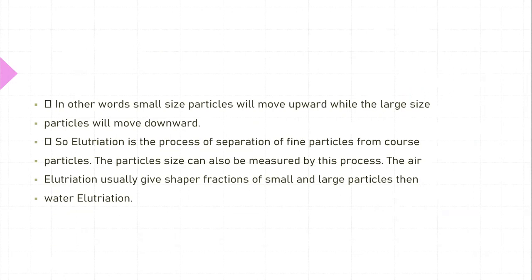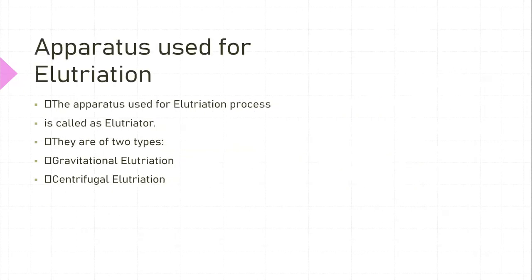Elutriation is a process of separation of fine particles from coarse particles. The particles can also be measured by this process. Air elutriation usually gives a sharper fraction of small and large particles than water elutriation. Water elutriation gives less sharp results as compared to air elutriation.